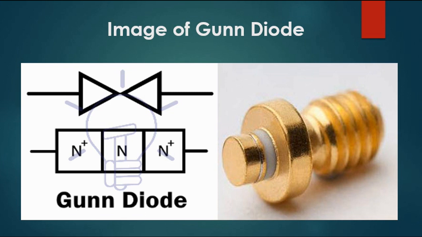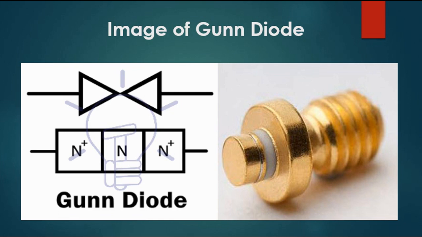Then at the middle, it has the positive and the negative as well, so that it will have the ability to jump from the negative to positive, and from the positive to negative. But in this case, it only has N-type material, and that N-type material took the position of that N type and that P type, and also the position of N type.